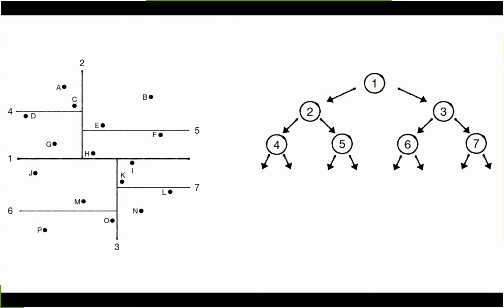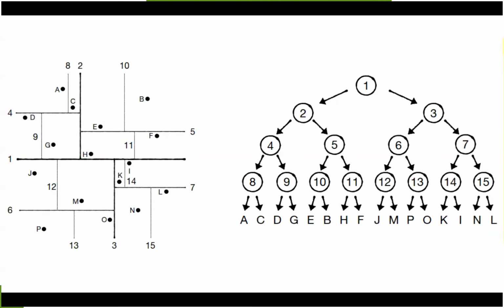Like again, line 4, 5, 6, 7. For each one of the subpartitions, it again creates 2 new partitions, but for the next dimension, which is again the horizontal dimension. And you just recursively do that until you partition all of your vectors into their specific subpartition.